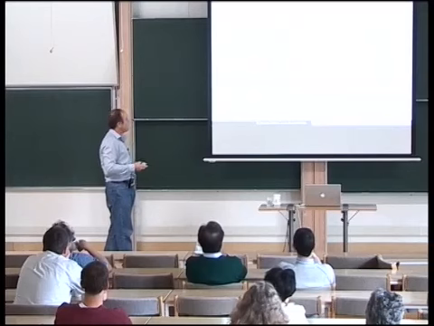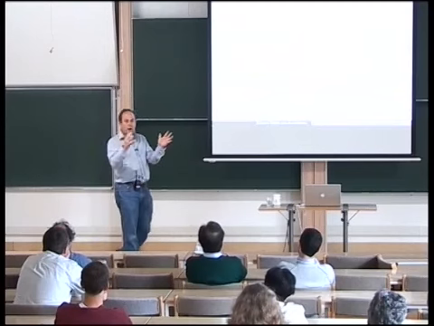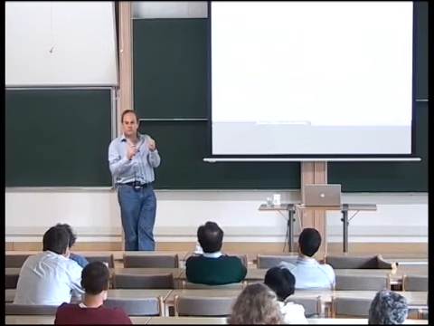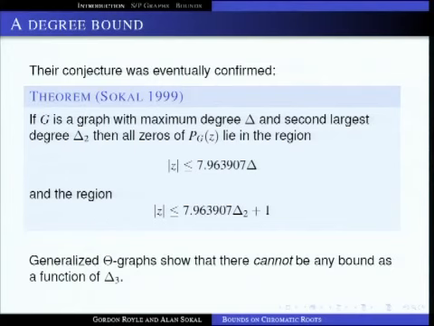Okay, so is there a bound in terms of the maximum degree? So if your graph has a limited maximum degree, are the chromatic zeros constrained, the modulus? Well, Alan managed to knock that one on the head as well, and he proved that all the chromatic zeros lie in this disk, bounded by roughly 8 times the maximum degree. And in fact, in this disk as well, 1 plus 8 times the second maximum degree.